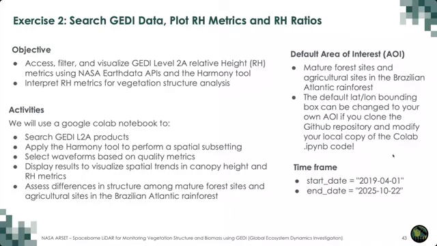And the basic steps are to order the datasets, to do a spatial subsetting, and then we're going to import the results into a Google Colab notebook. We're going to do some filtering based on existing quality metrics and then display in QGIS. So we're going to get started by looking at the repo and opening the Colab notebook.